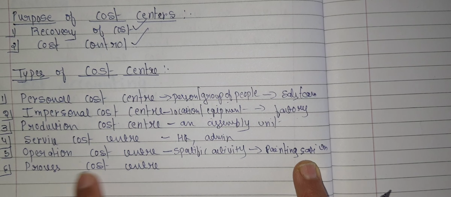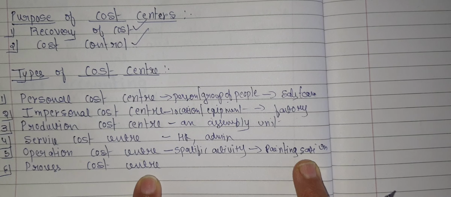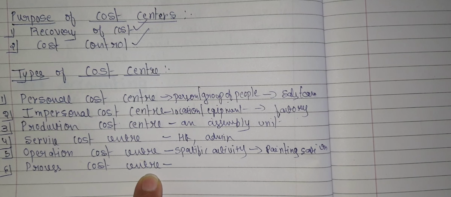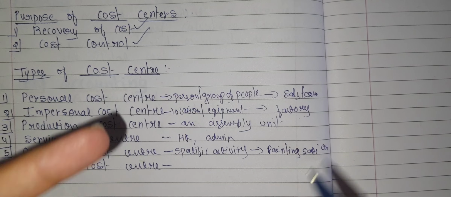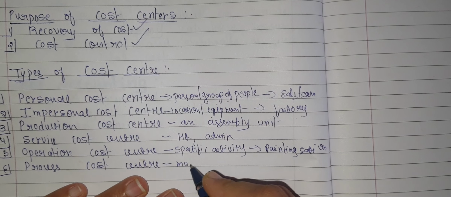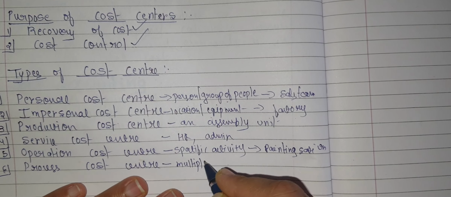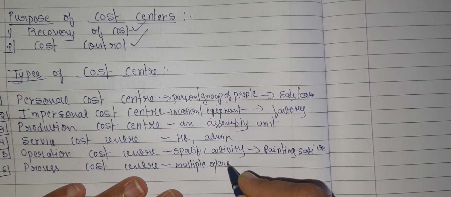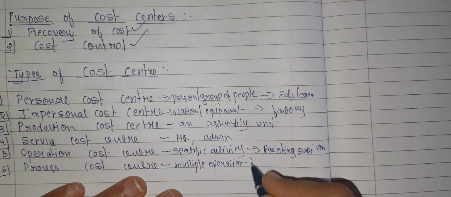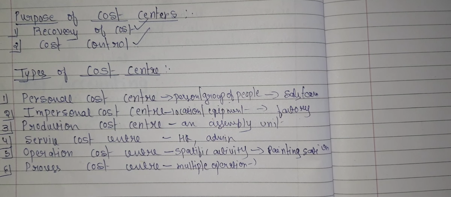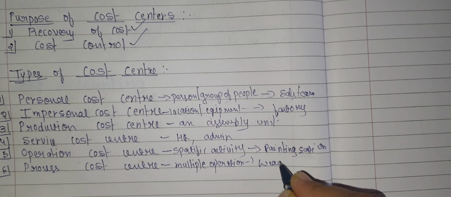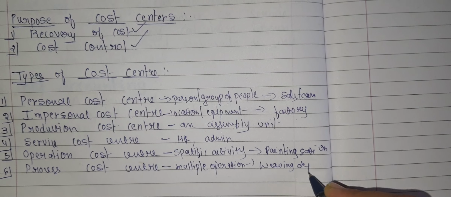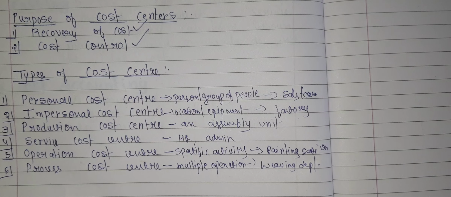And next one is process cost center. It refers to a broader production process, which includes multiple operations or multiple activities. For example, in a textile factory, take the weaving department.